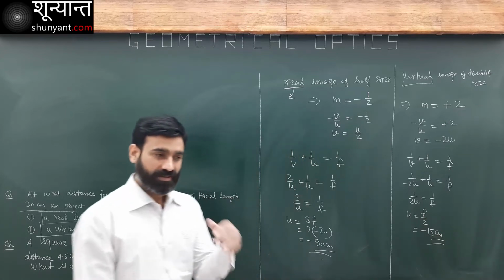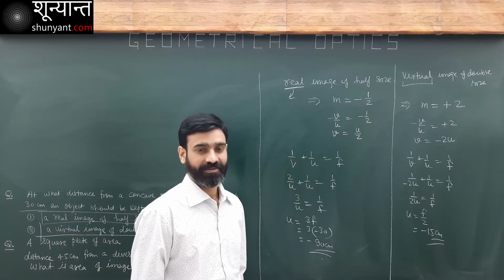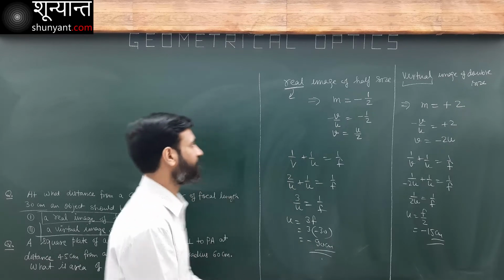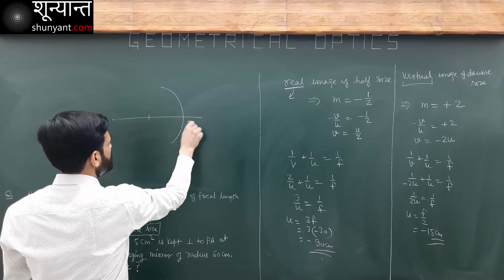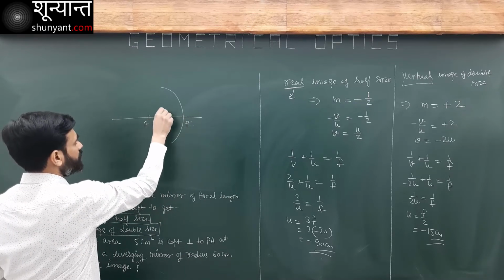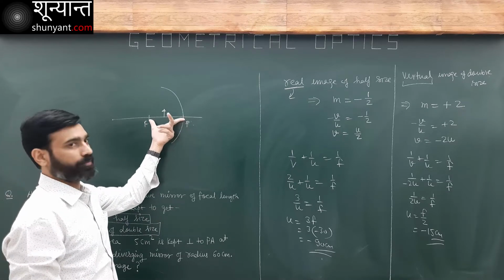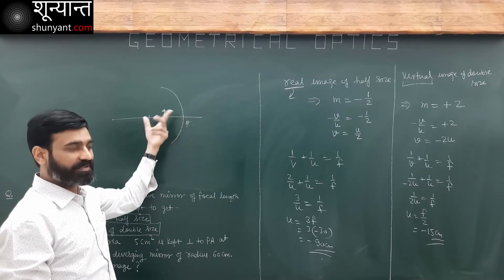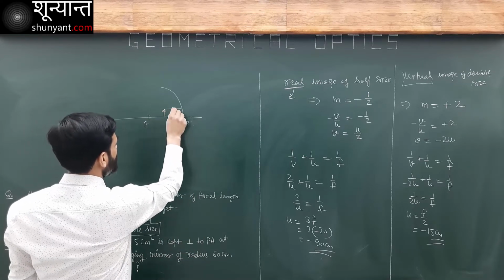The object is kept before the focus and I get a virtual image. This is a very general property of a concave mirror. If I have this concave mirror, this is the focus, this is the pole, and this is the focus. If the object is kept between pole and focus, the image is going to be virtual. You can find this out using the ray diagram also.